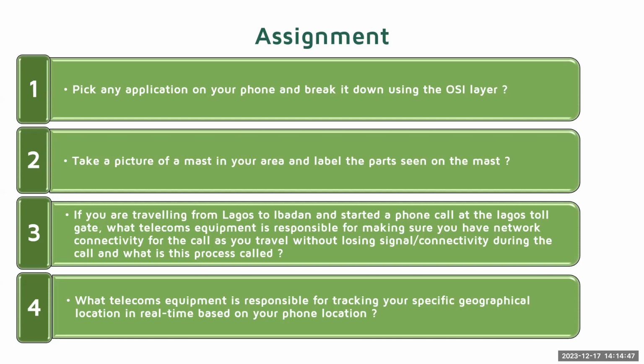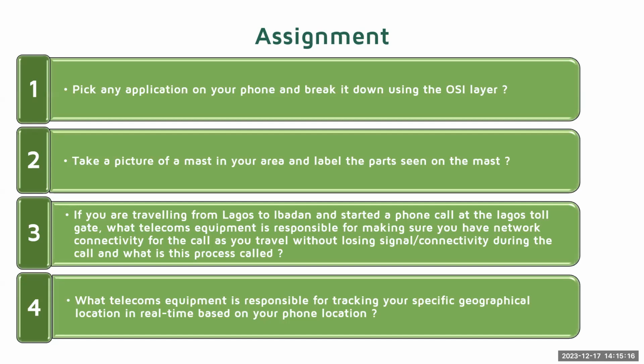Remember we said the BSC connects all of the BTS or the masts within a geographical location. So the BSC, which is the base station controller, connects all the base stations within a location and is able to transfer your calls from mast A to mast B to mast C as you travel within that journey. So the BSC is what does that, and the process is called the handover.